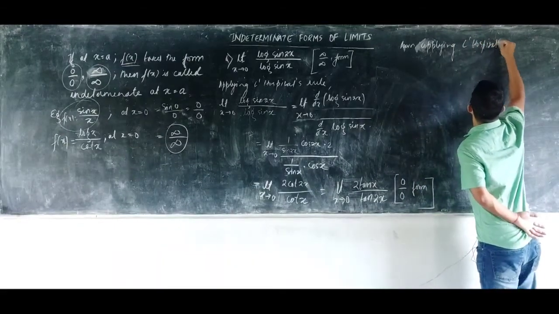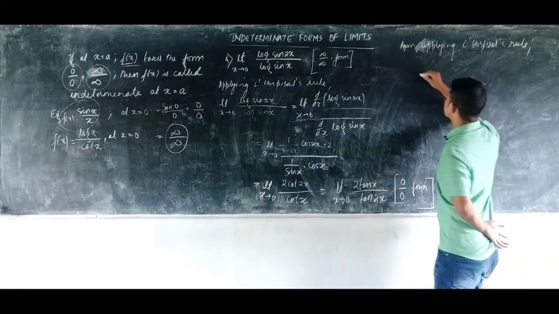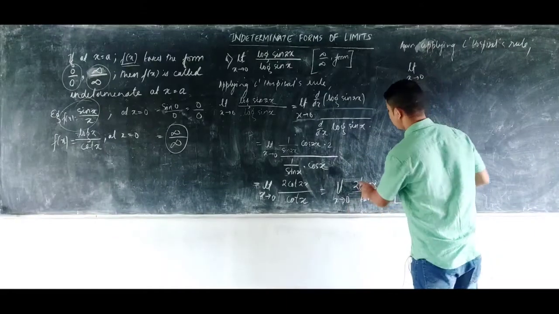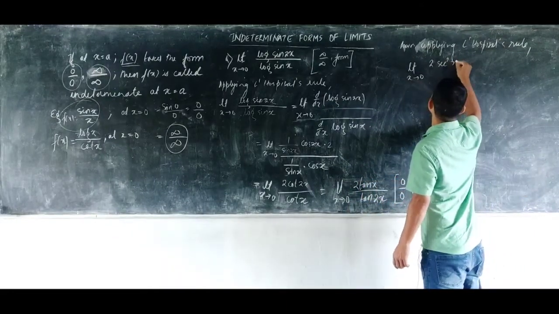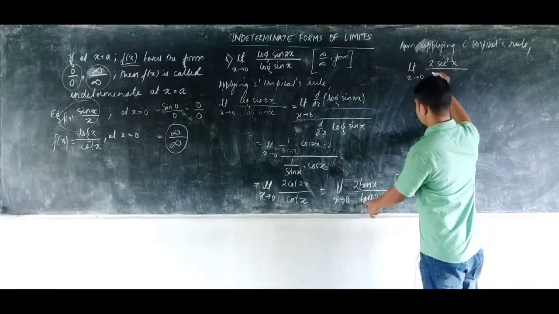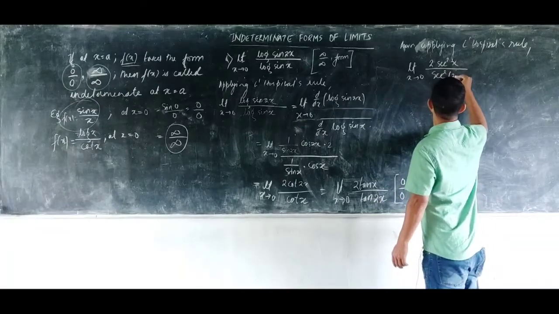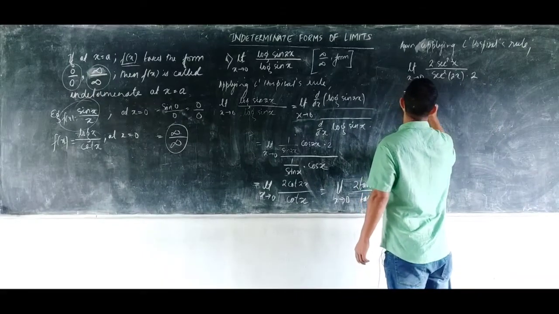So when we apply this, again I will get the limit of x tending to 0. Now the derivative of 2 tan x will be 2 sec square x divided by, here I will again get sec square of 2x into 2. So this will give me the limit of x tending to 0.